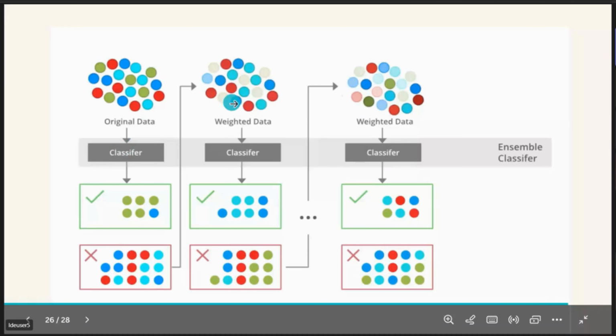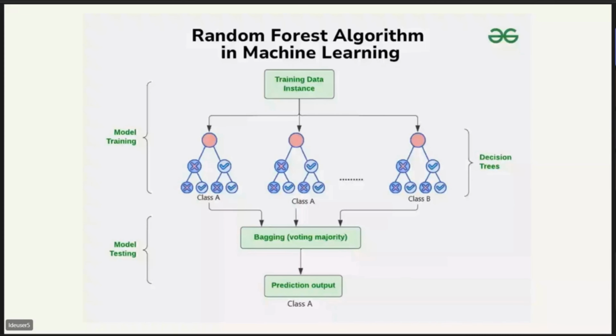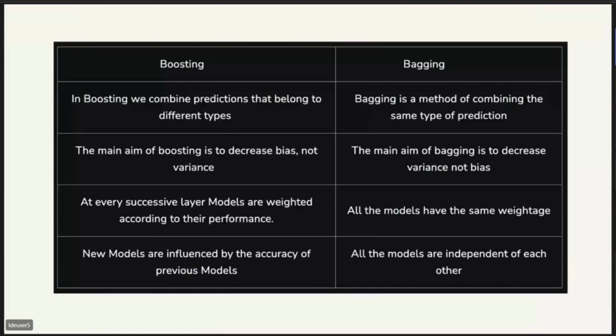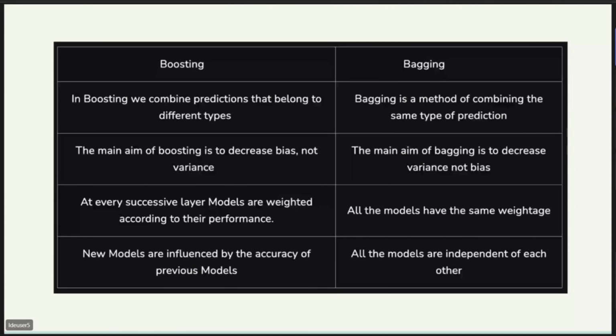Because we take its outcome, tweak it and work. So obviously that model will have an impact here. Whereas in the case of a bagging algorithm, this is separate, this is separate. Like that, each tree is separate. It is not having any influence on each other, right? So there's no influence and they are independent in bagging, whereas in boosting they are having some influence from the previous model.